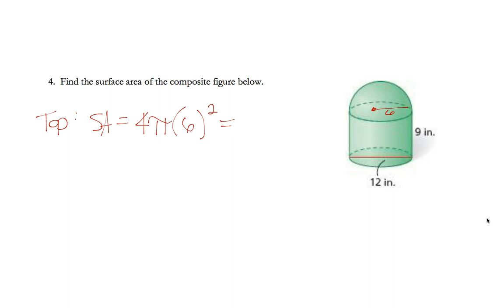So that's 6 squared, which is 36 times 4. I'm going to leave it right now as 144 pi. And then we're going to divide that by 2, which is 72 pi.